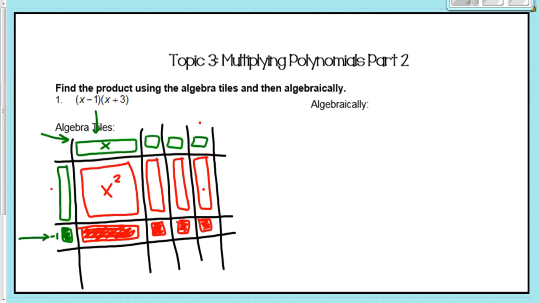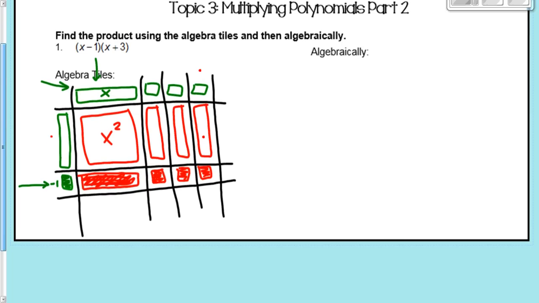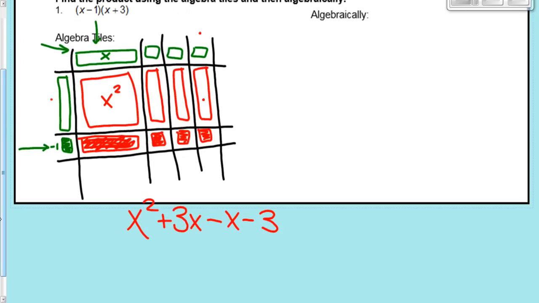Hopefully that made sense. That would have been a lot easier to teach not in a video. But to summarize that, we have one big x squared, and then we have 1, 2, 3 positive x's, 1 negative x, and then minus 3. I'd actually like to combine these two. So I've got x squared plus 2x minus 3, and that would be our final answer here.